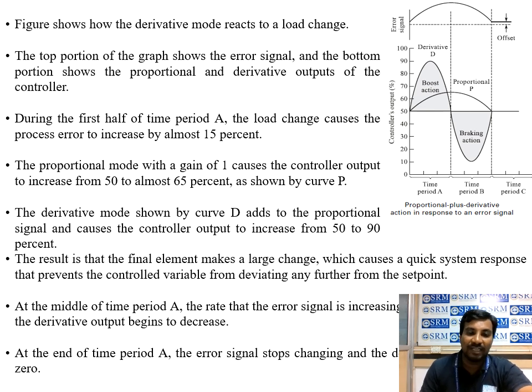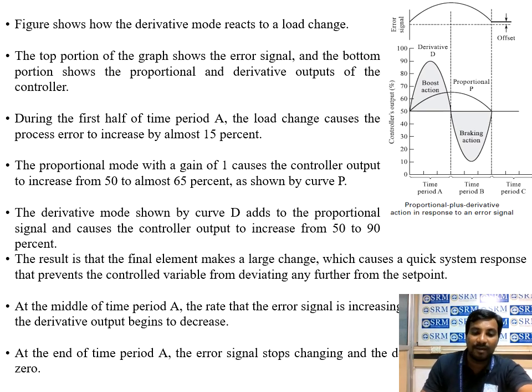The proportional mode with a gain of 1 causes the control output to increase from 50% to almost 65%, so you can see the point B. The derivative mode, shown by curve D, adds a proportional signal and causes the controller output to increase from 50 to 90%. This result is the final element making a large change, which causes a quick system response, but prevents the control variable from deviating any further from the set point.